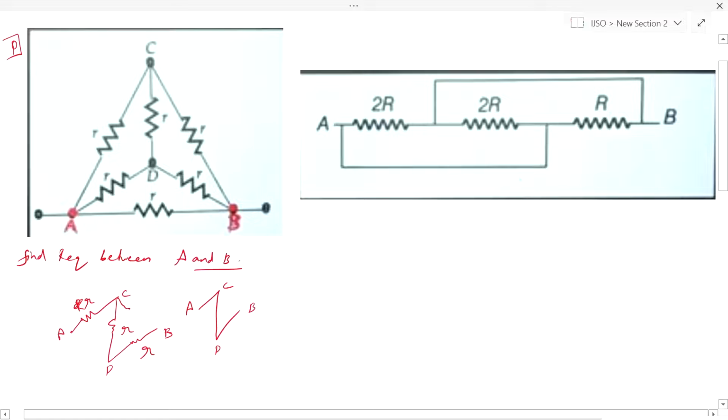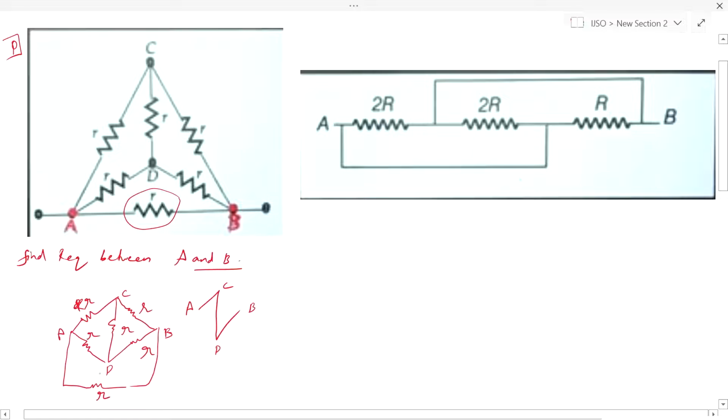Now join this one. So this is also R. But we have an extra resistance in this place, which is again connected in parallel like this. There is one more resistance R we have extra.